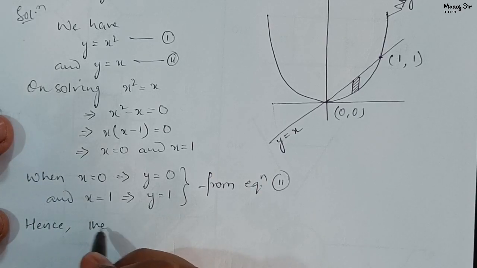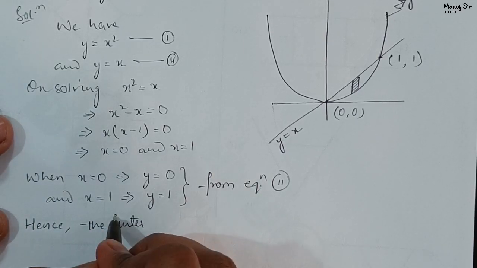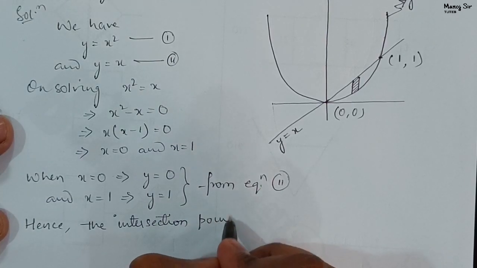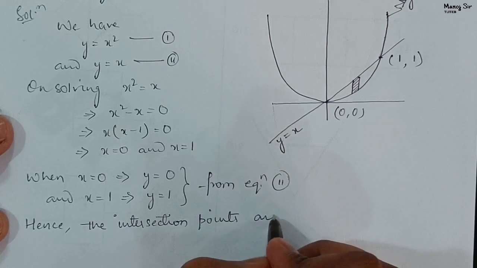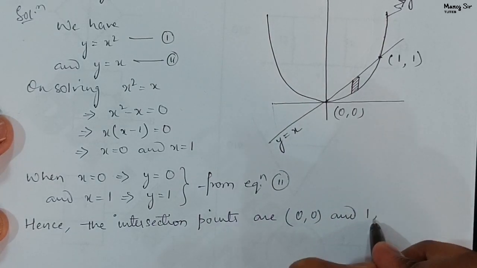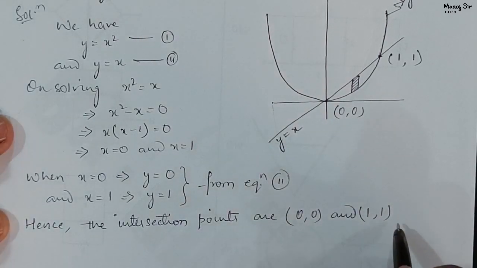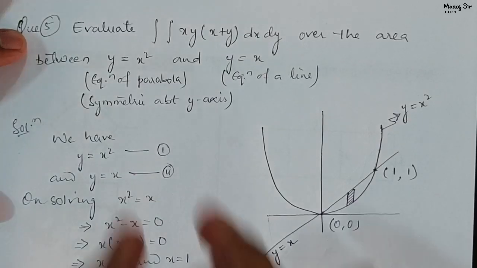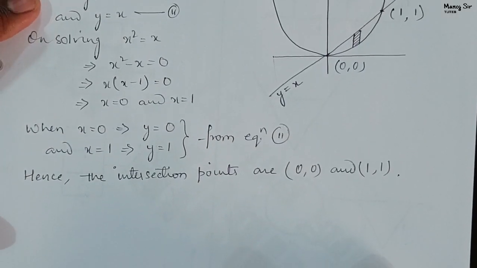Hence the intersection points are 0 comma 0 and 1 comma 1. Now we will start solving this double integral.